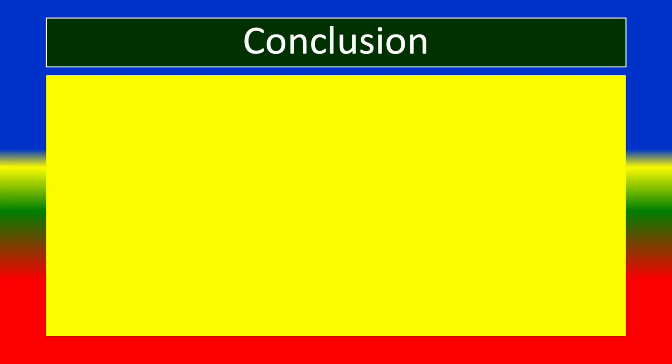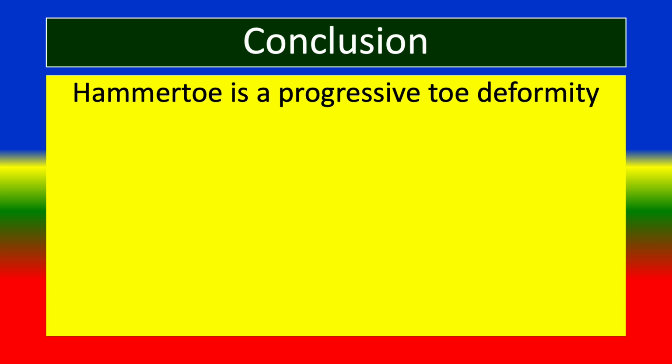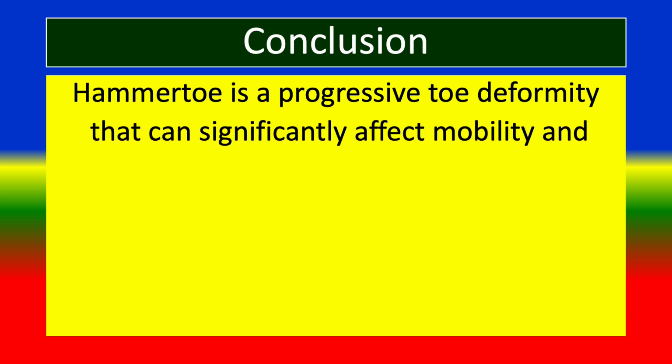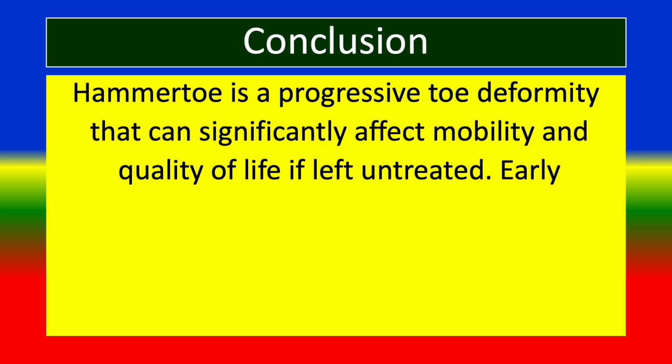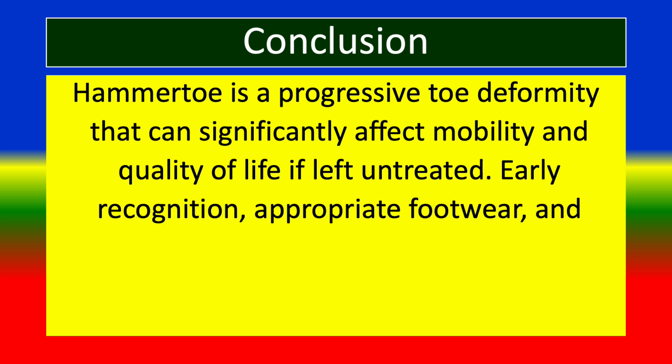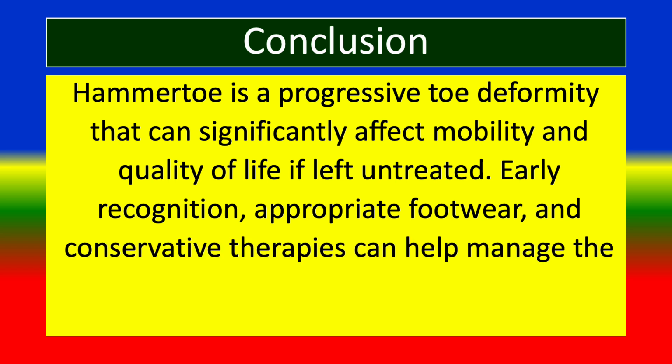In conclusion, hammertoe is a progressive toe deformity that can significantly affect mobility and quality of life. If left untreated, it worsens; early recognition, appropriate footwear, and conservative therapies can help manage the condition effectively.